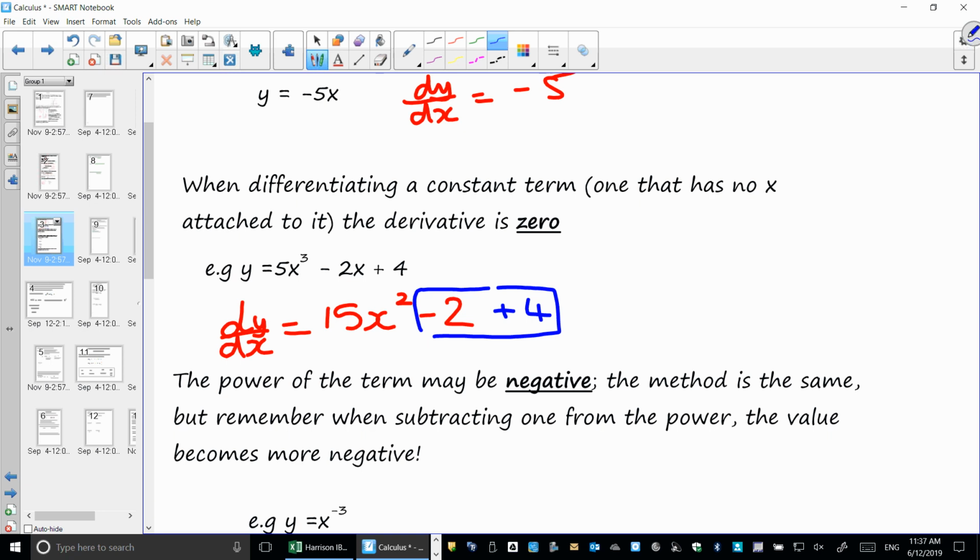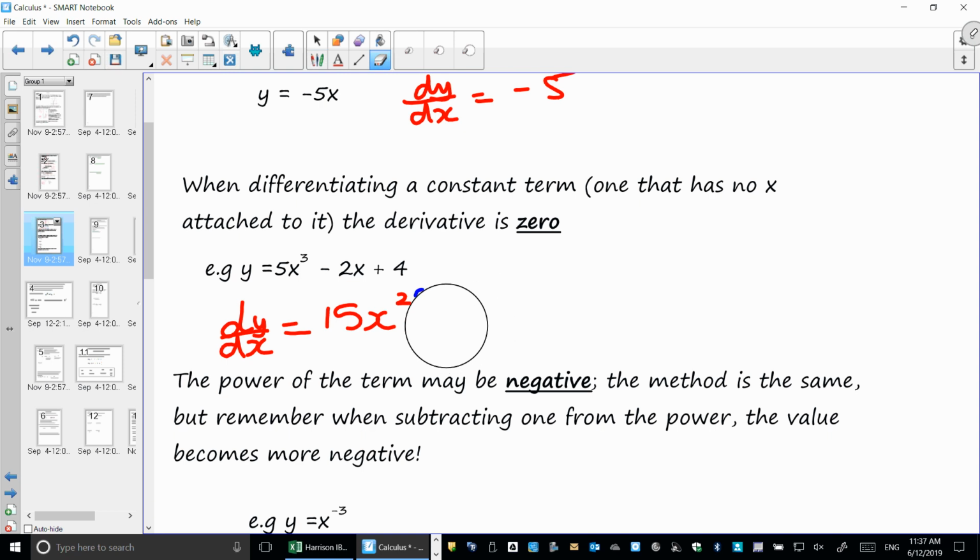When you differentiate something, you should never be able to join any like terms. Okay? Because these terms here are all different, which means that your derivative must have different terms. Does that make sense? So please try and use that as your guide as to whether you've done it correctly or not.